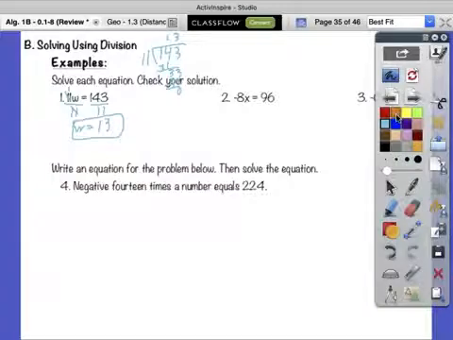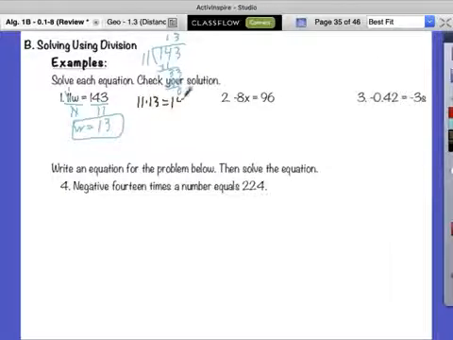And we go back and check it by multiplying 11 times 13 and saying that equals 143. Once again, we might not know off the top of our head, so let's try it out. Okay, 11 times 13. What's 3 times 1?